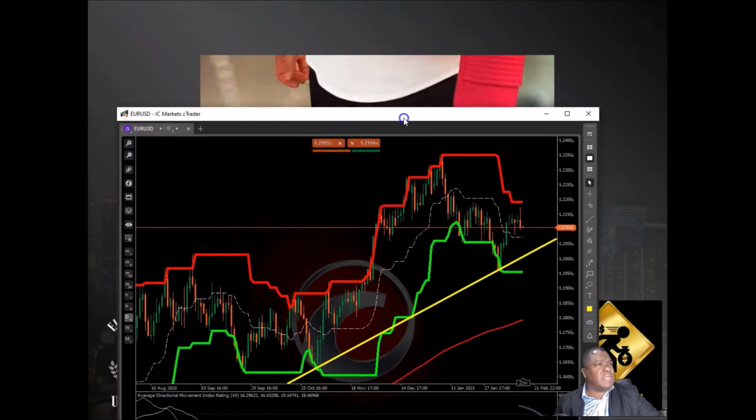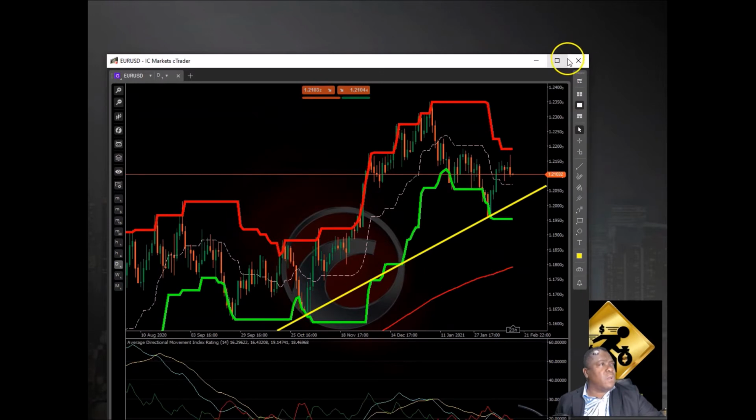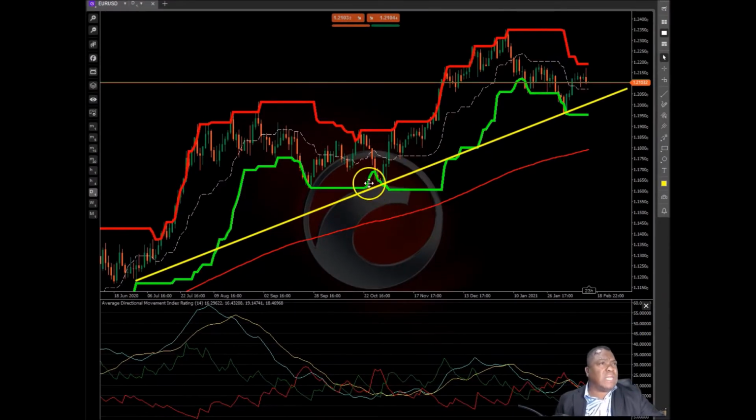We want to take a look at the euro. Now, the euro is the most widely traded currency in the world, and it's considered the anti-dollar. I mean, it came into existence to be traded in 1999. It was created as a counterbalance to the US dollar.